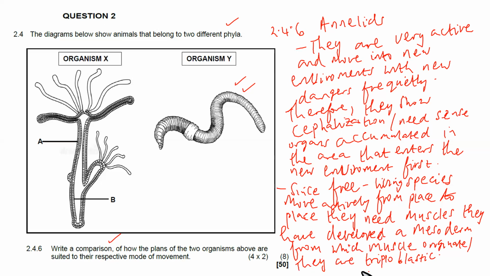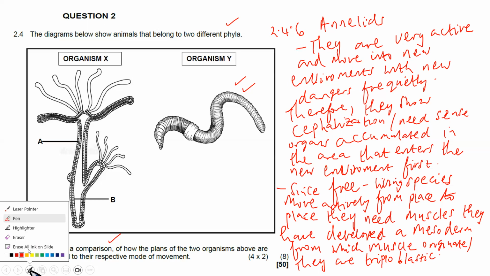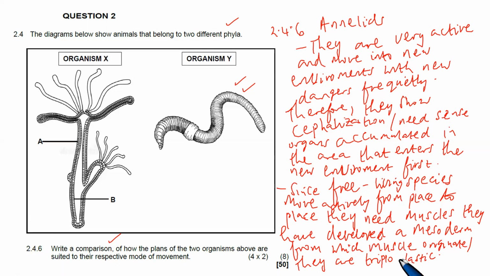We say sometimes, or if you don't want to say the muscles originate, you say they are triploblastic. This triploblastic is actually one compound word. It has to do with the muscle structure, the muscles that the animals develop because they move from place to place, so they exercise.